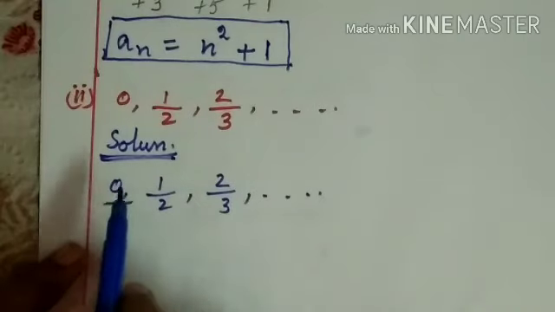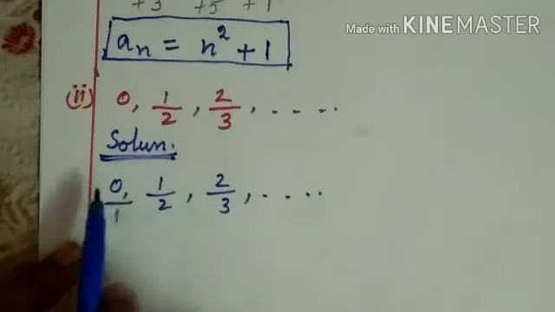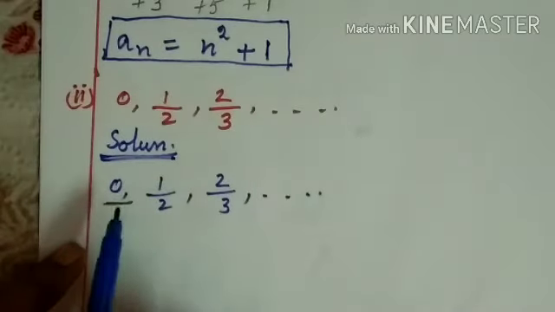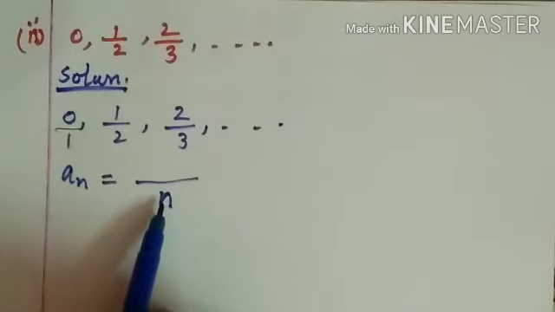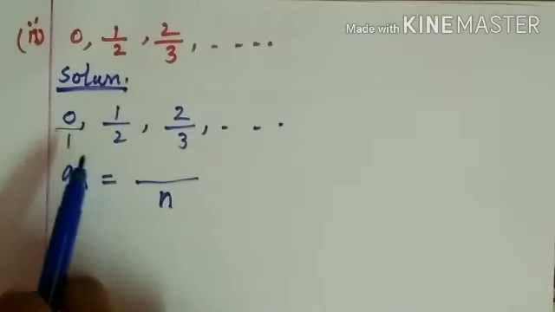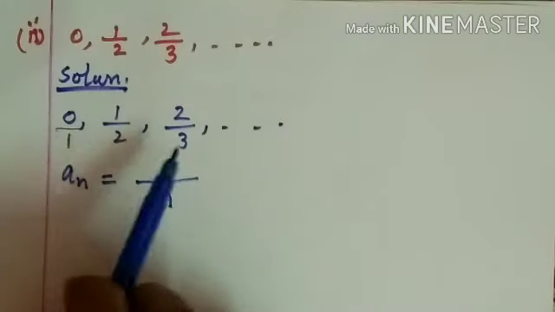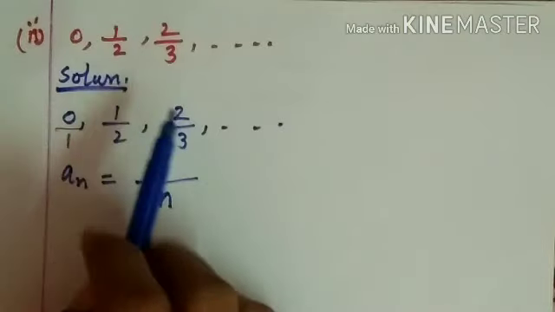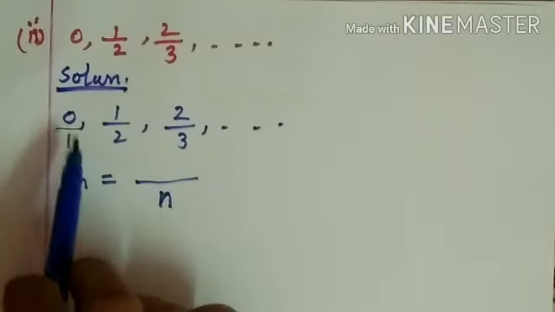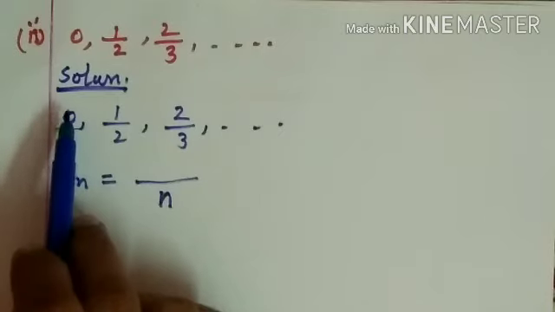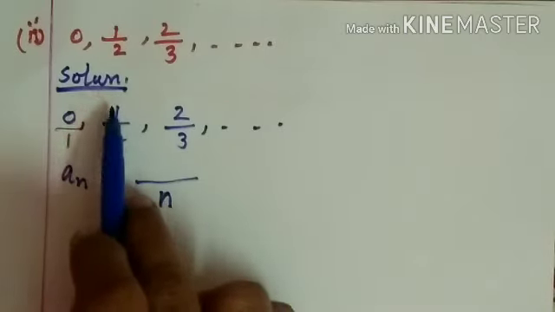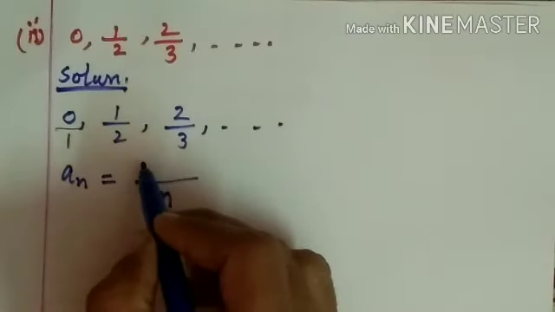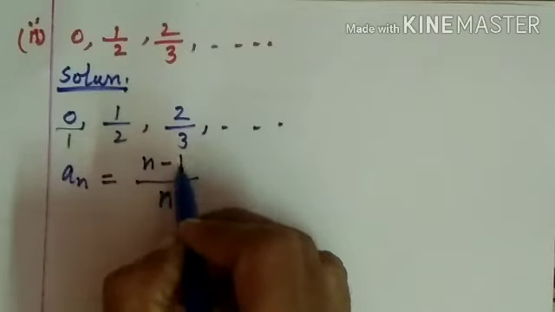So now you have to observe the numerator, it starts from 0, 1, 2, 3 like that going on. In the denominator you put n, because here the denominator belongs to natural numbers. See, every numerator is 1 less than the denominator. Here 1 minus 1 is 0, 2 minus 1 is 1, 3 minus 1 is 2. Therefore, in the general term, in the numerator you have to write n minus 1.